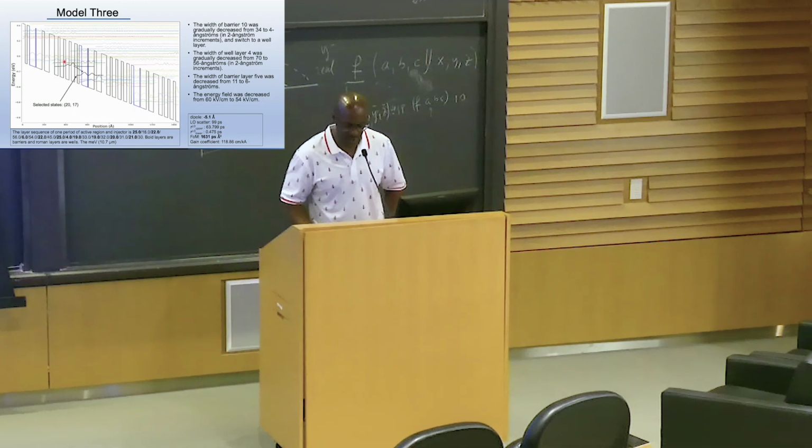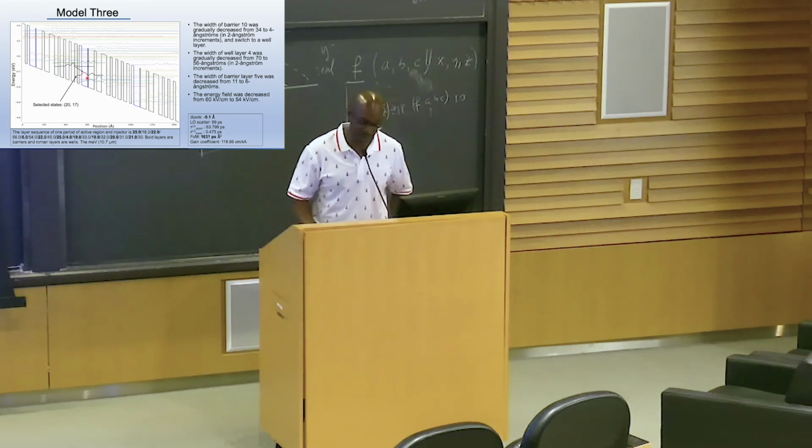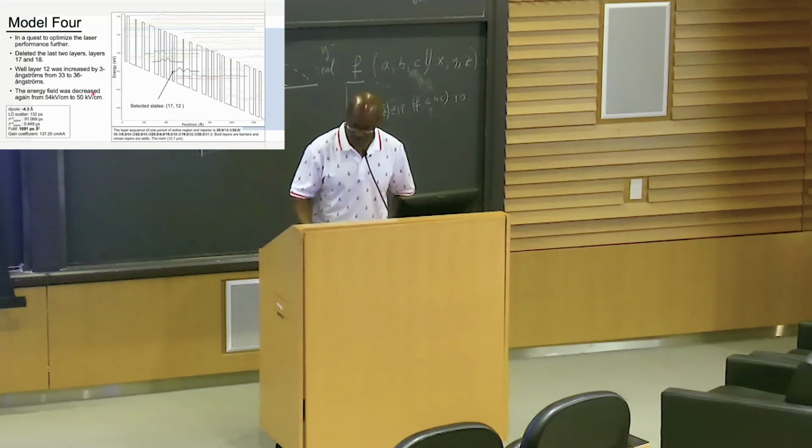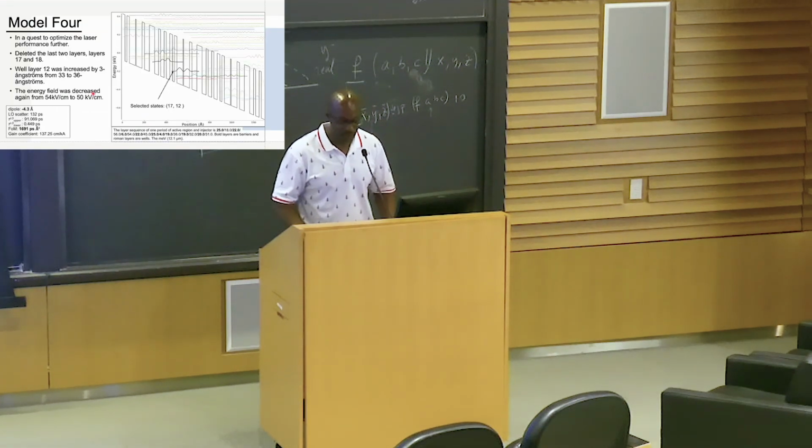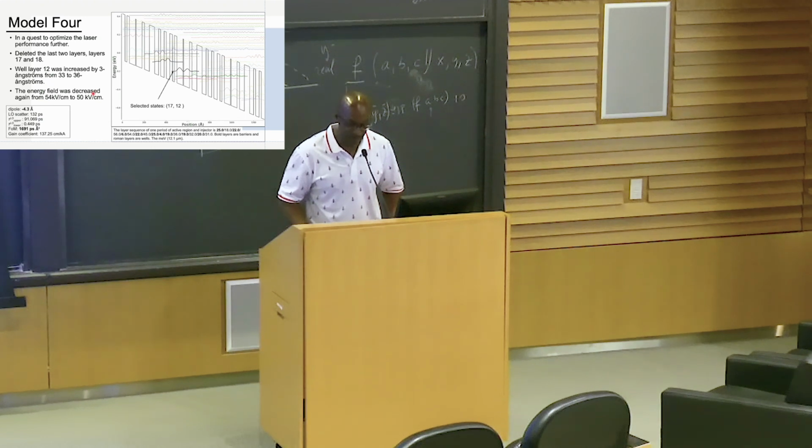That means these energy states up here are significantly higher than these right here, and that's what you want. You want those to be relatively higher because it encourages this electron to make that intersubband transition. So my next model was even better.